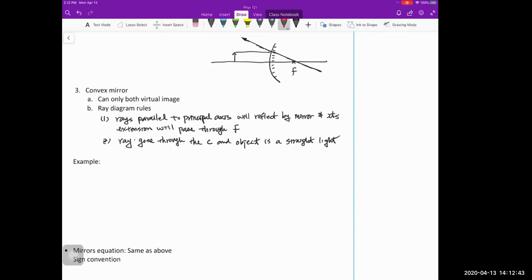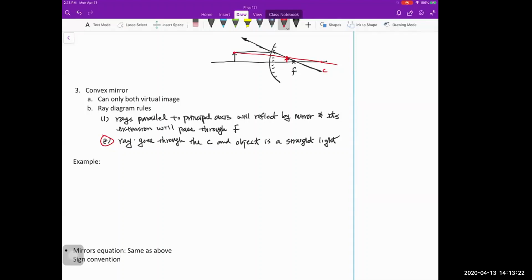If I draw the second line, in red, where is the C? The C is here. Where is the object? The object is right here. So you connect the object and the C. This is the second line that you draw. From the object to the C is a straight line, and that will give you what the image looks like. The intersection point is here, this is where your image is. Therefore, if you draw the picture, the image is going to be like this.